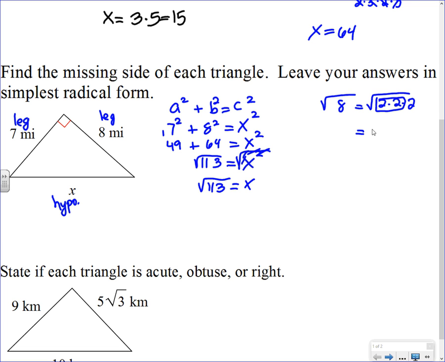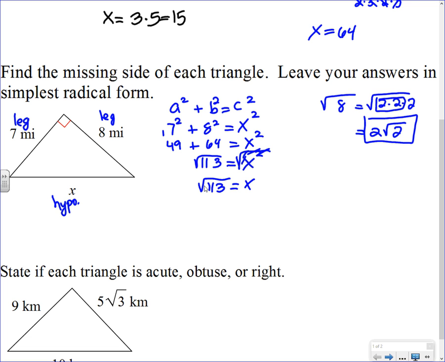Square root of 4 will be 2. Now, this last 2 doesn't have a pair, so it stays inside the radical. This is what they mean by simplest radical form. They're saying do not use a calculator, do not give me the answer in decimal, leave it in simplest radical form, 2 radical 2. I wanted to do that here, but I can't because 113 is prime.